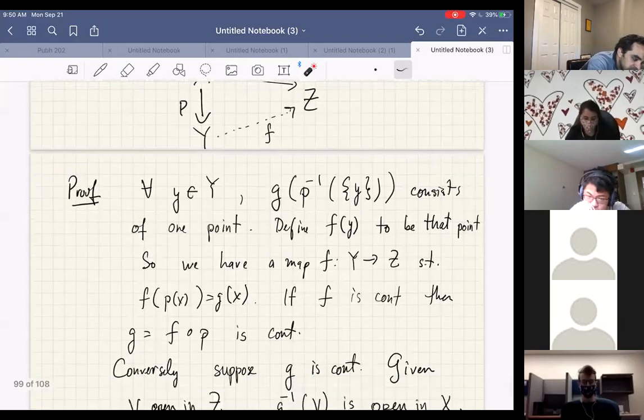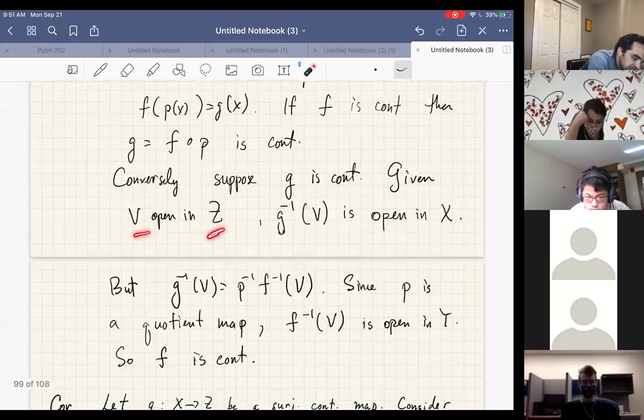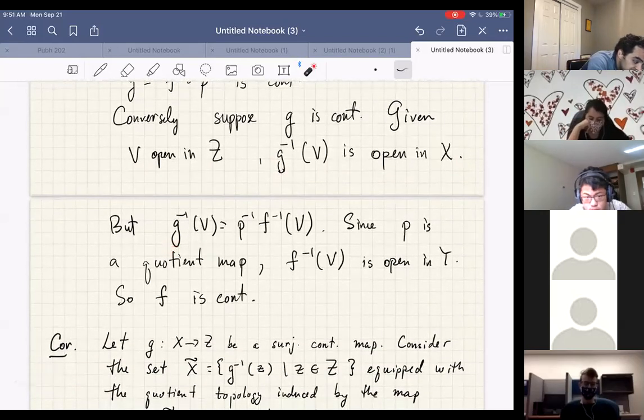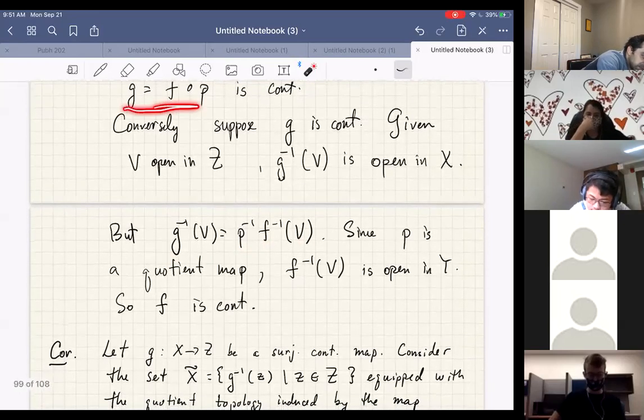So given an open set V in Z, the inverse image of V is open in X by the continuity of G. But note that the inverse image of V is exactly, again by the way I've constructed F, the inverse image of F inverse of V, and then taking the inverse image along P. This follows again because G is a composition of F and P.